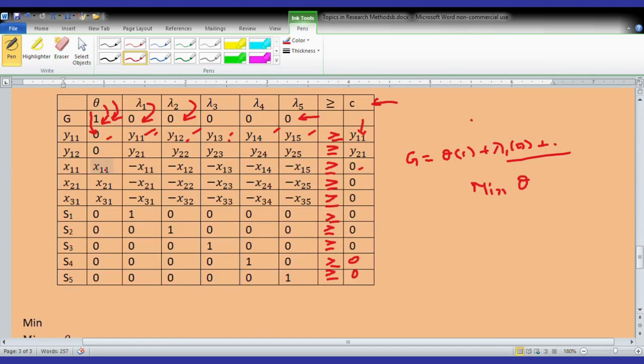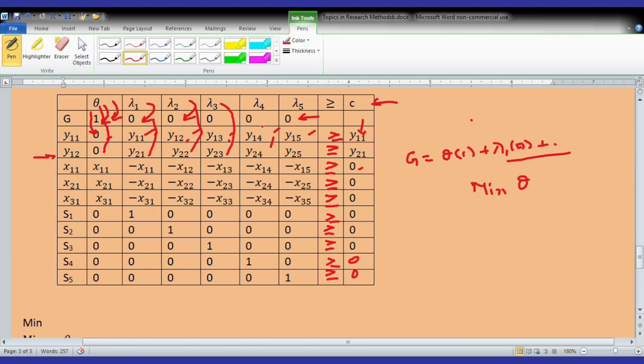Now this will be the equation of y12, and see that theta multiplied by 0 is equal to 0. Lambda 1 multiplied by y21, lambda 2 multiplied by y22, lambda 3 multiplied by y23, and so on.